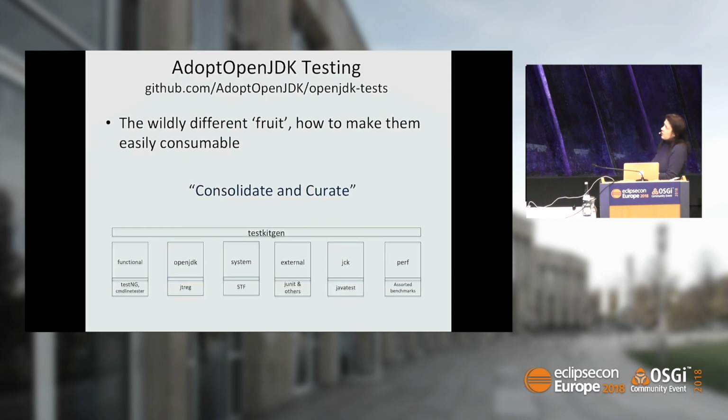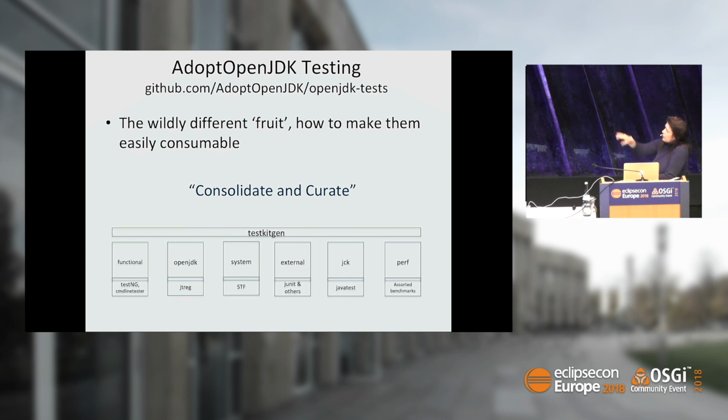So just also as a note, these are the different categories of testing that we do in the open. This is also a set that we run, or some of these we run, at the OpenJ9 project as well. But a quick overview of these again, if you haven't seen them.